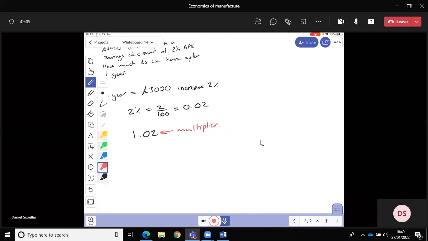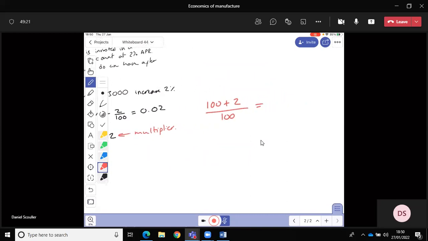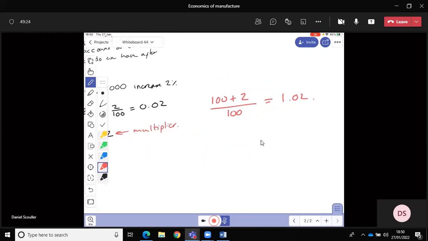Another way to write that: we've got 100%, we're adding 2% on, the multiplier would just be 1.02. So if we're increasing, that's our start percentage, that's our increase value, and we need to divide it by 100 to get our decimal.